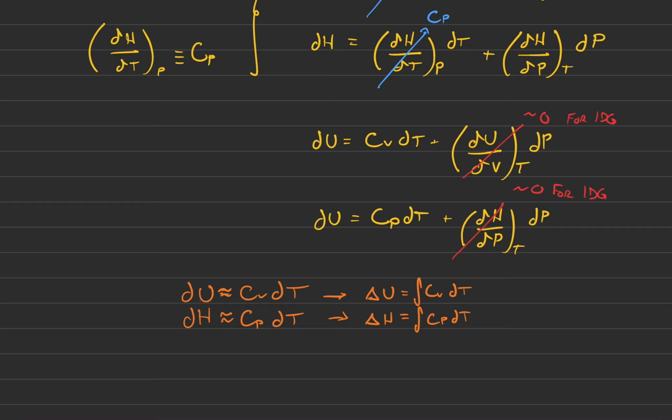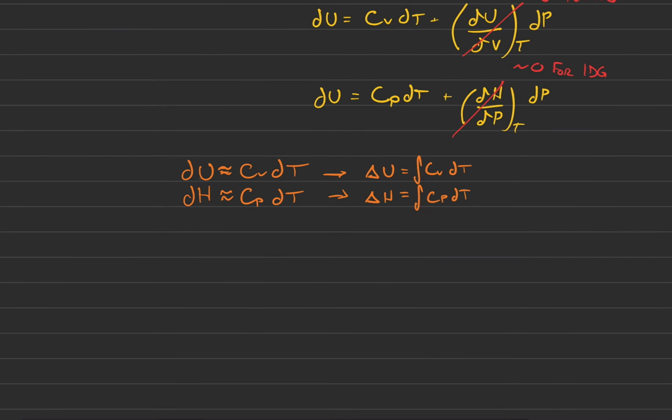Right. So, let's just talk about a closed system for a second. Which one of these values is going to represent Q? Well, it all depends on whether it's a constant pressure process or a constant volume process. If it's a constant pressure process, guess what? It's going to be dH, right?